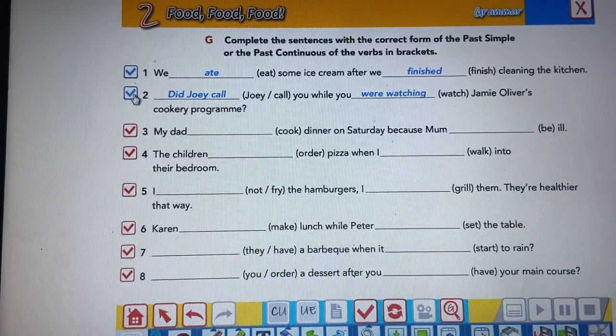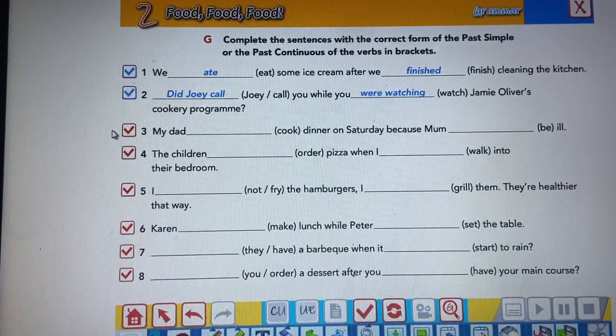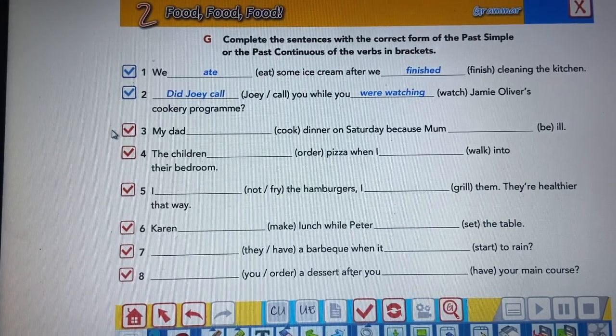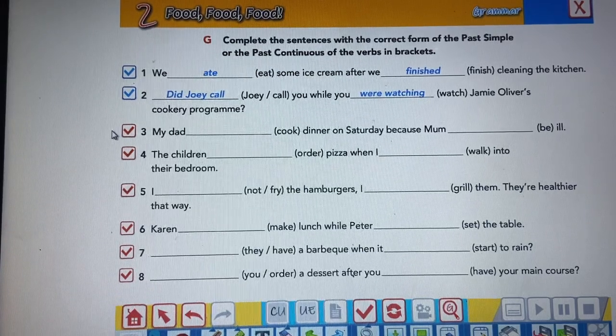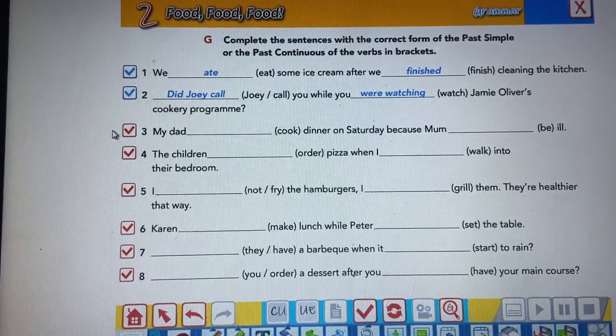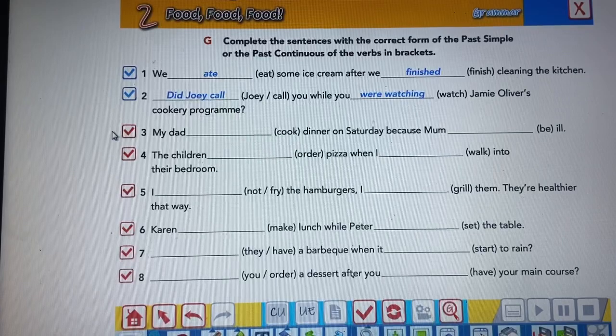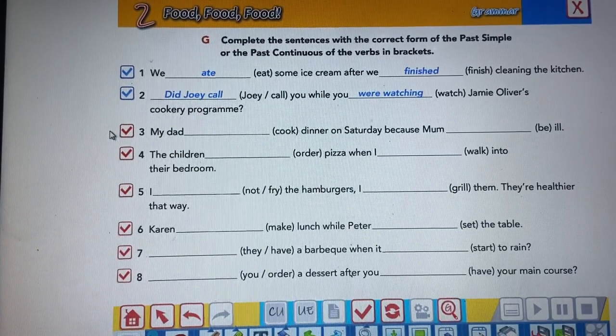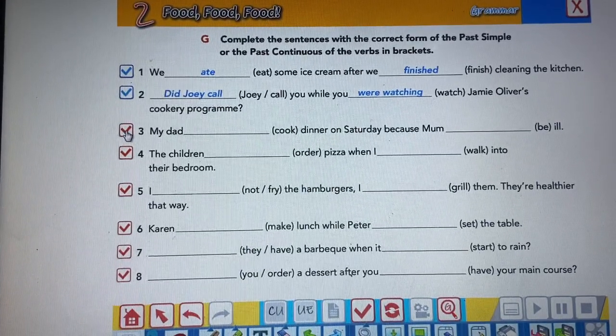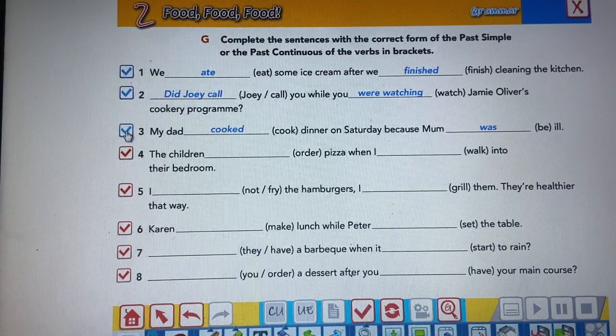Let's move to number 3. My dad cooked dinner on Saturday because Mom was ill. This sentence happened in the past. So my dad cooked dinner on Saturday because Mom was ill. Number 4.